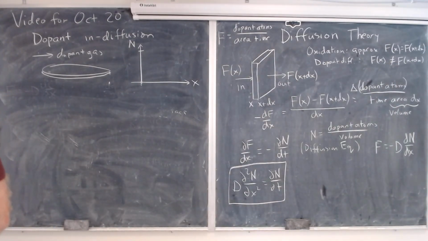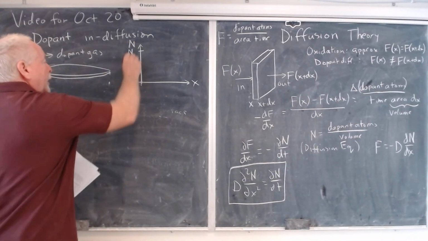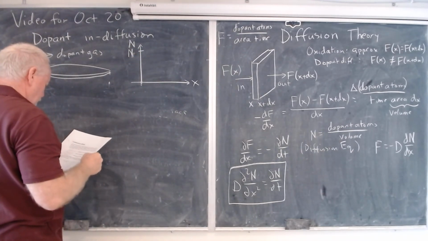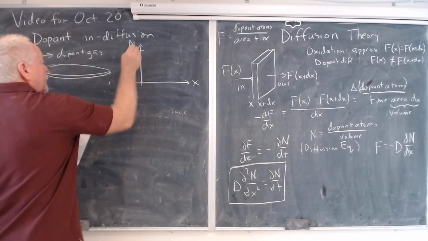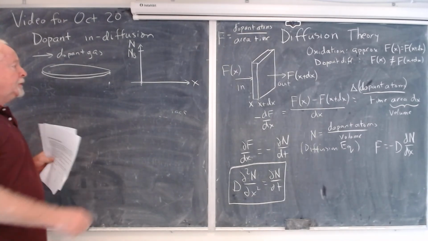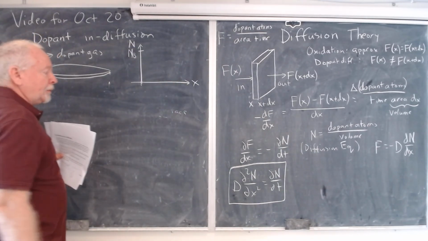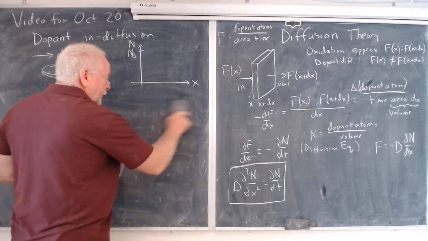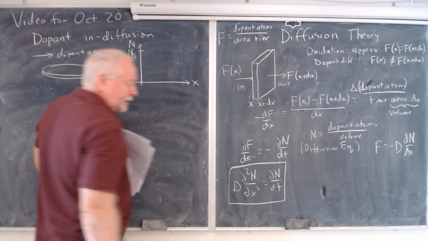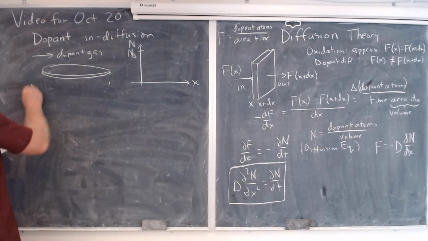I forget. Well, you get the idea. I'm sorry if I used 0 somewhere else, but I'll use N sub S here. It's the same thing, N sub 0 at the surface, N sub S at the surface. And now we want to know what the profile is. I kind of indicated it was something curvy, which it is, because we can't approximate that dn/dt is 0. So this is, you know, a differential equation.